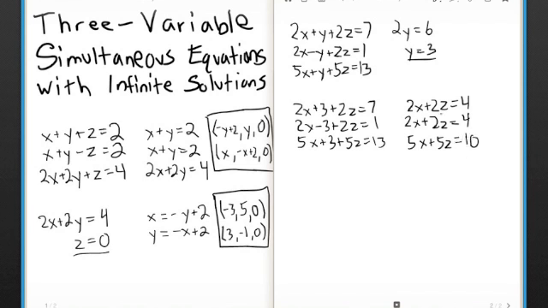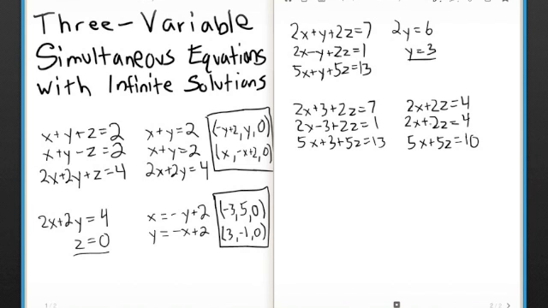So once again, as with over here, we have three equations that are identical. These two are exactly the same, and this one is the same thing, just multiplied so that we have coefficients of 5. So there are once again infinite solutions. But we know that y is equal to 3. So we can solve for x and z, not to find what numbers they're equal to.